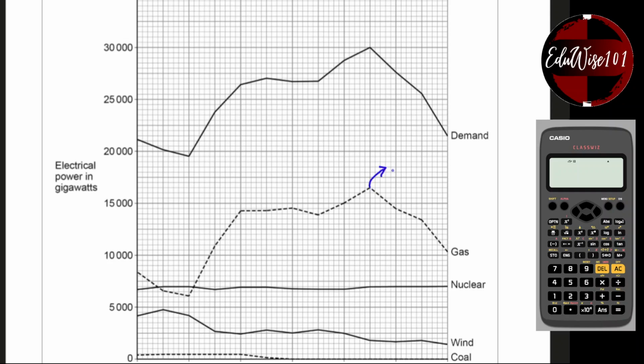That is 16,500 gigawatts, and the total demand was 30,000. So what they want to know is how much is 16,500 as a percentage out of 30,000.